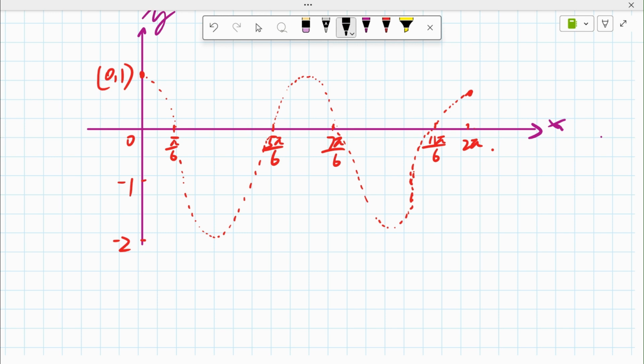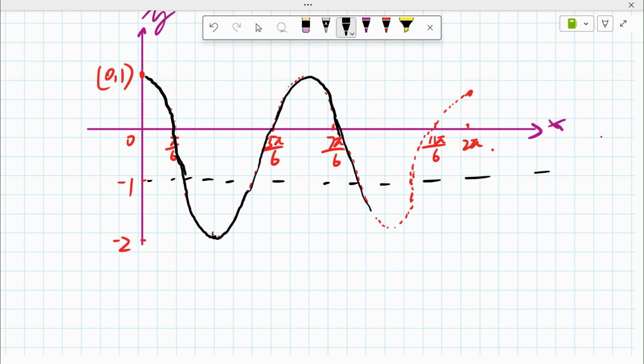Hopefully that makes sense. Perfect. And then you can just sketch the graph. Keep going up, going up, and come down. And there you go. Not too bad.